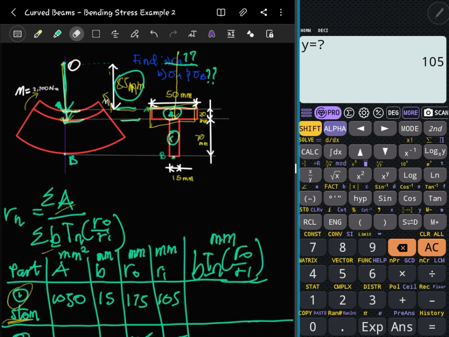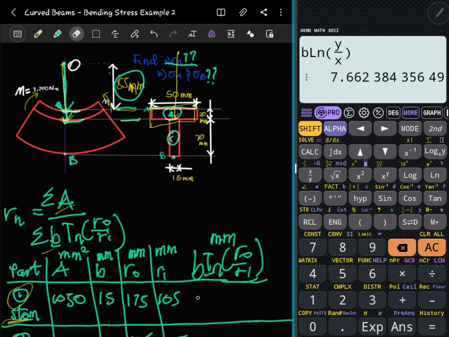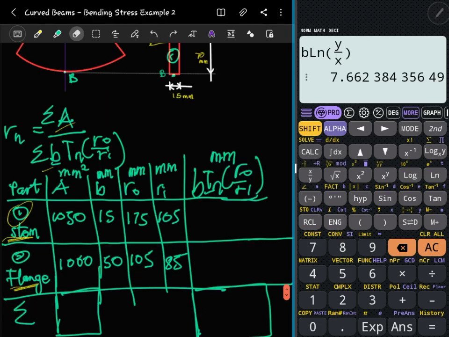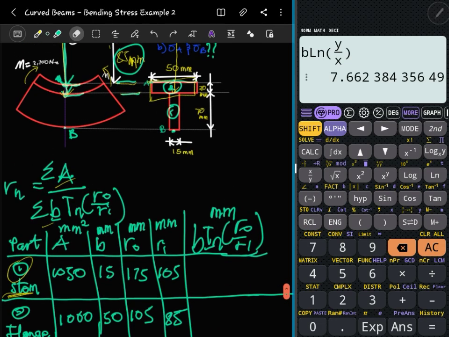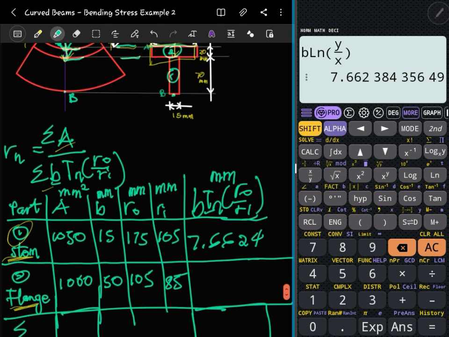Our y, which is outer, is 175, and then our x, which is our inner, is 105. So that gives us 7.6624.